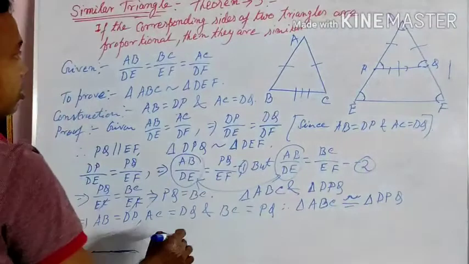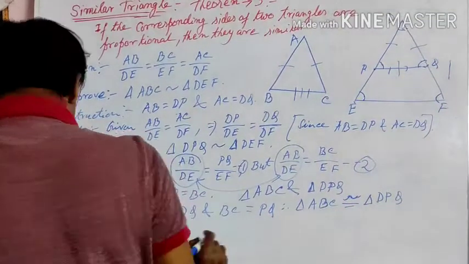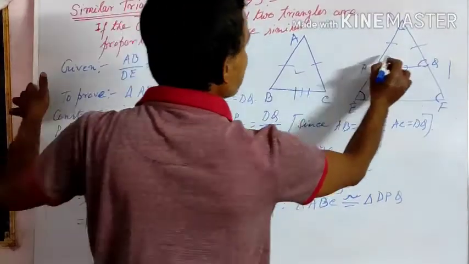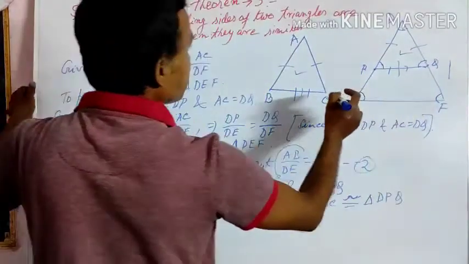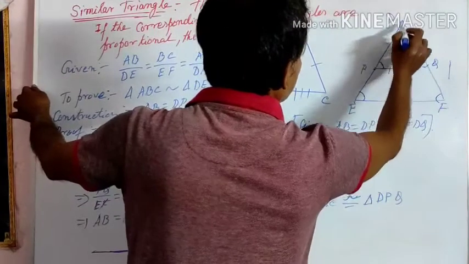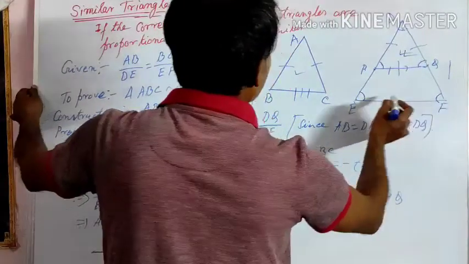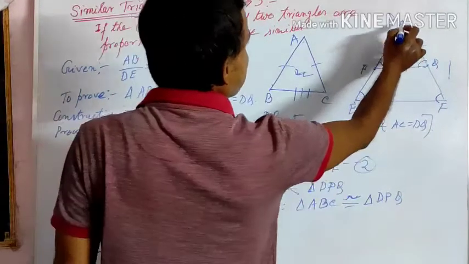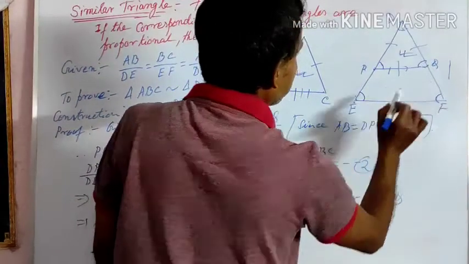Since the two triangles are congruent, and triangle DPQ is similar to DEF, therefore triangle ABC is similar to DEF.